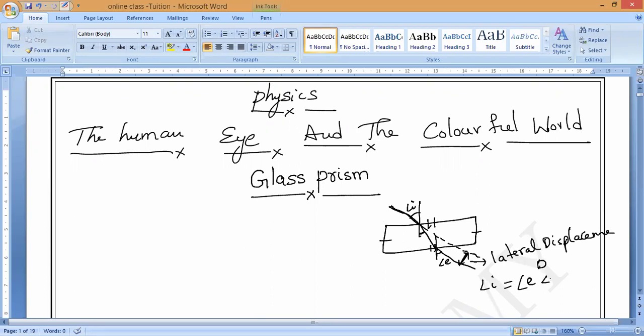Always less than. Less than means smaller only, correct? So the angle of incidence is always greater than the angle of refraction, which means the angle of refraction must be smaller than the angle of incidence. Likewise, the angle of emergence is always greater than the angle of refraction. This is what we have studied in that. Is it yes, guys?